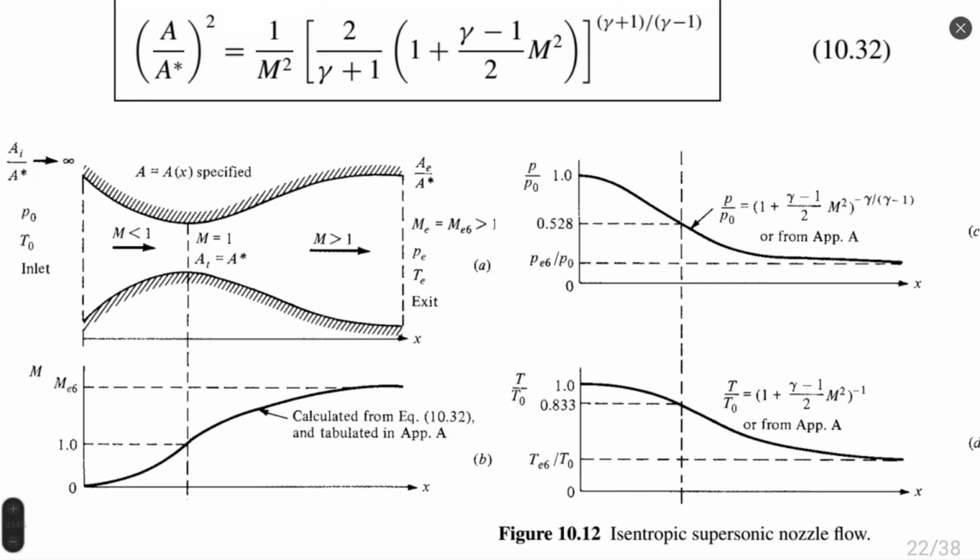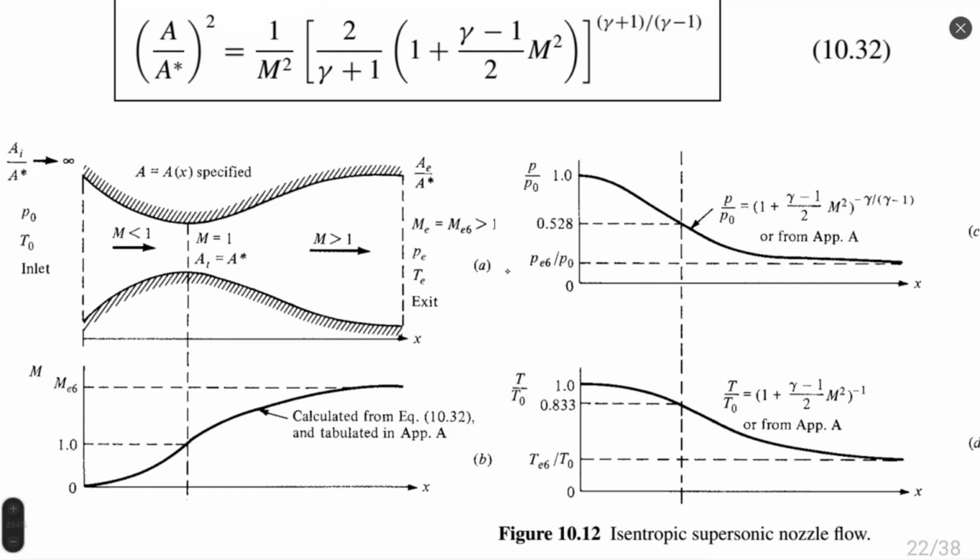It cannot be some value smaller than 1, because an area smaller than the throat cannot exist in the nozzle. If some area were smaller than the throat, this smaller area automatically becomes the throat, so it becomes the reference area. So in a nozzle, an area smaller than the throat area cannot exist, and physically cannot exist as well.